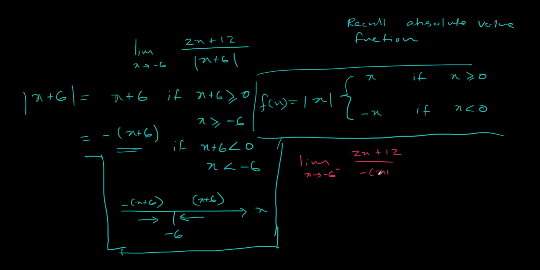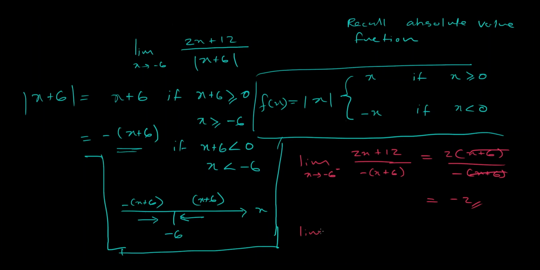Let me write it clearly. We can take the 2 out as a common factor, and cut off the x plus 6, and that will yield us minus 2, correct?